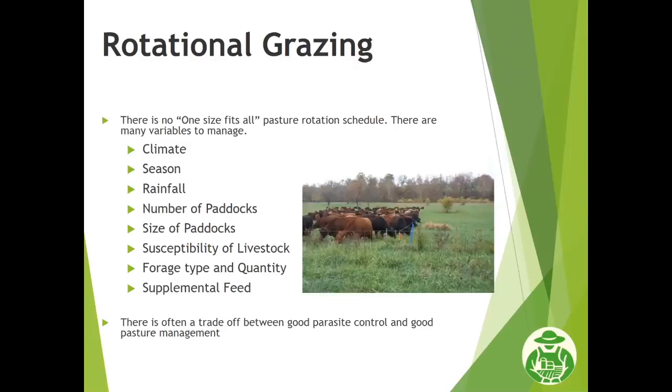There's definitely a good trade-off when your pastures are managed correctly in parasite control. We've heard a few speakers talk about how good it is to graze because you eliminate some of those parasites that can potentially be harmful for your animals.